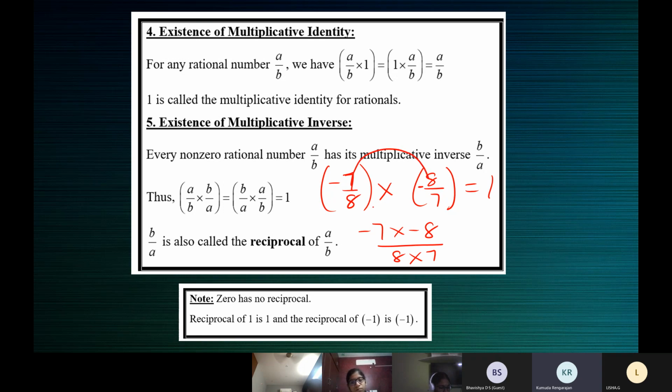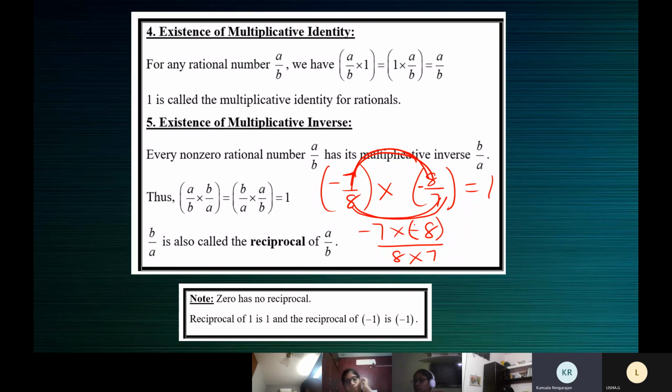Multiply the numerators, multiply the denominators. For multiplication, we don't take LCM. Addition and subtraction need LCM, multiplication doesn't. So like this, minus 7 into minus 8. You can put minus 8 in a bracket also.